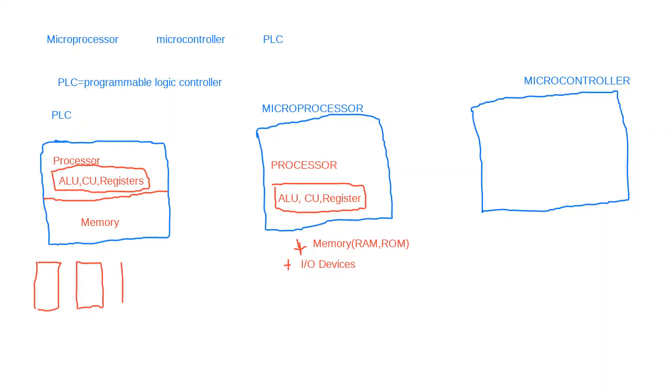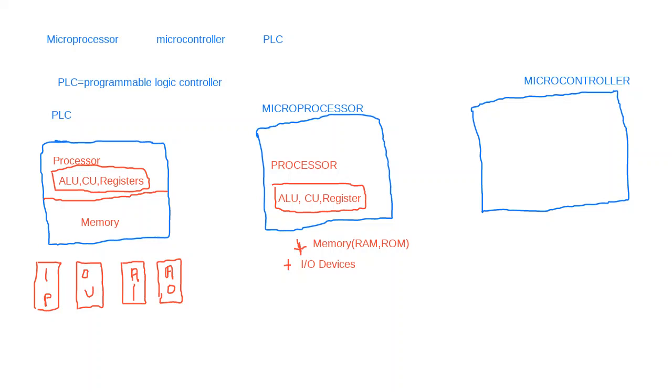These are the interface ports which basically connect with the inbuilt devices. IP means input ports, OU means output units, AI means analog input, AO means analog output.